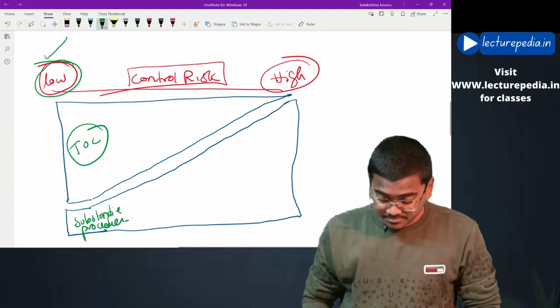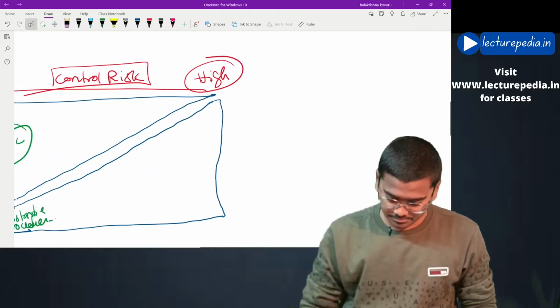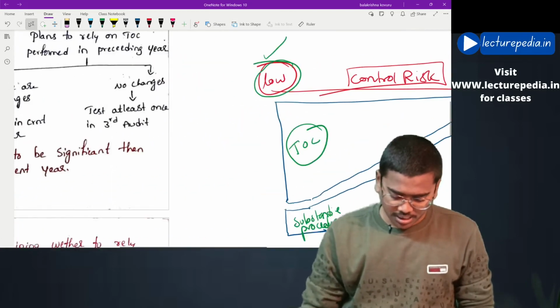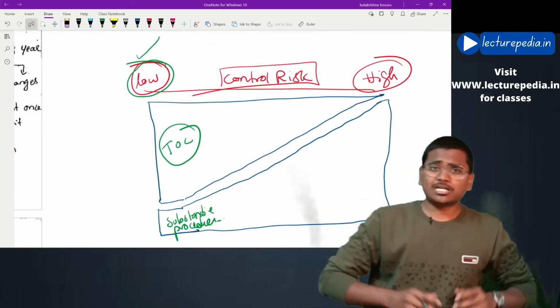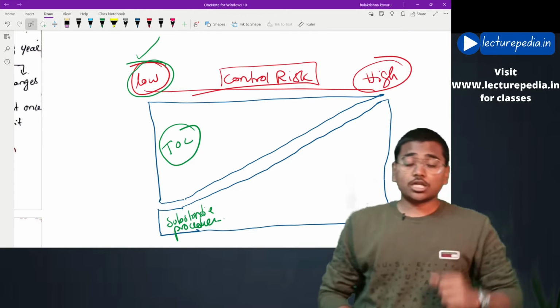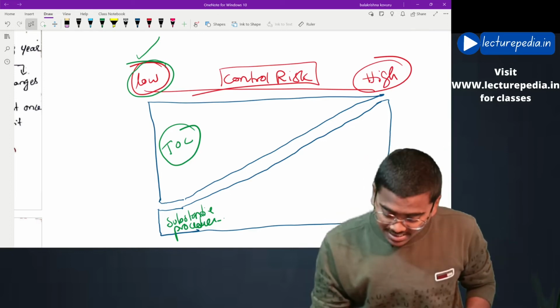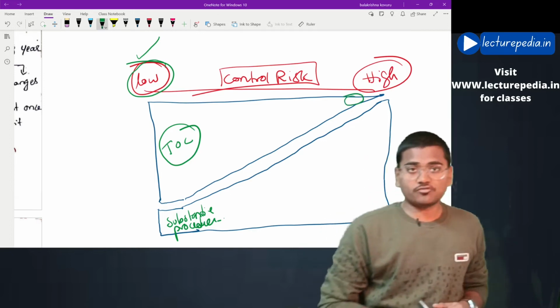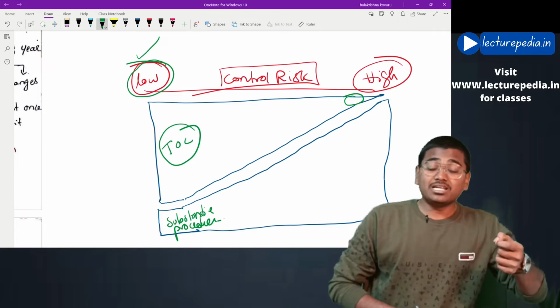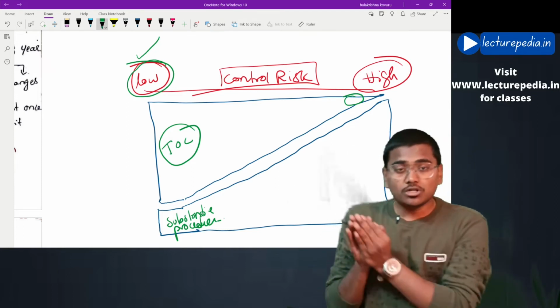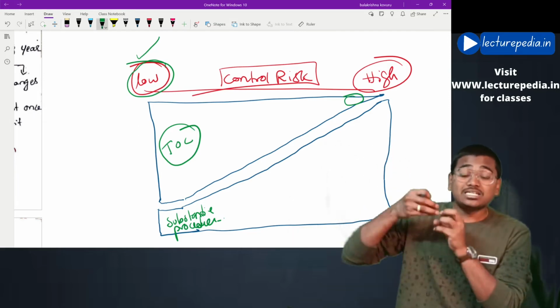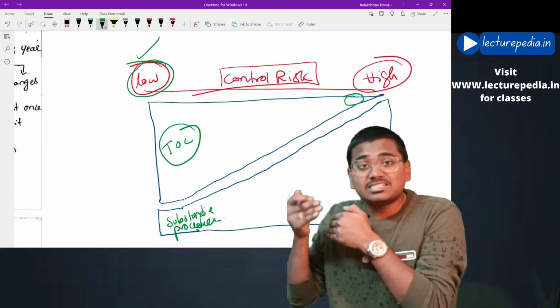Now, in case control risk is very high, that means controls are not working properly. In case controls are not working properly, auditor cannot perform more of test of controls. Instead, auditor will check the transactions in detail. Okay, since controls are not working properly, auditor has to check all the transactions in detail.